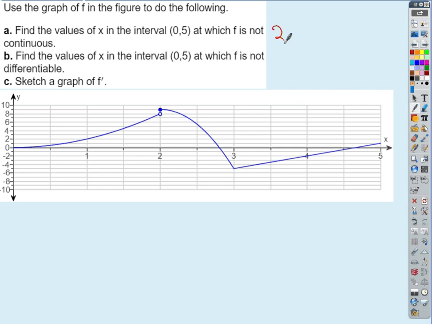What about all the places where the function is not differentiable? 2 and 3. 2 and 3, good, because I've got a break in the function, a discontinuity, right? And remember, differentiability implies continuity. It must be continuous to be differentiable, but you could be continuous and non-differentiable like at 3, right? So that would be 2 and 3.